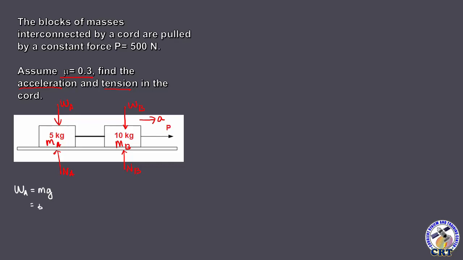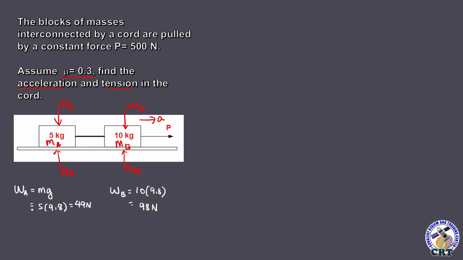So this is 5 times 9.8 meters per second squared for g, and this is 49 newtons. While for WB, this is equivalent to 10 kilograms times 9.8. So this will give us 98 newtons.